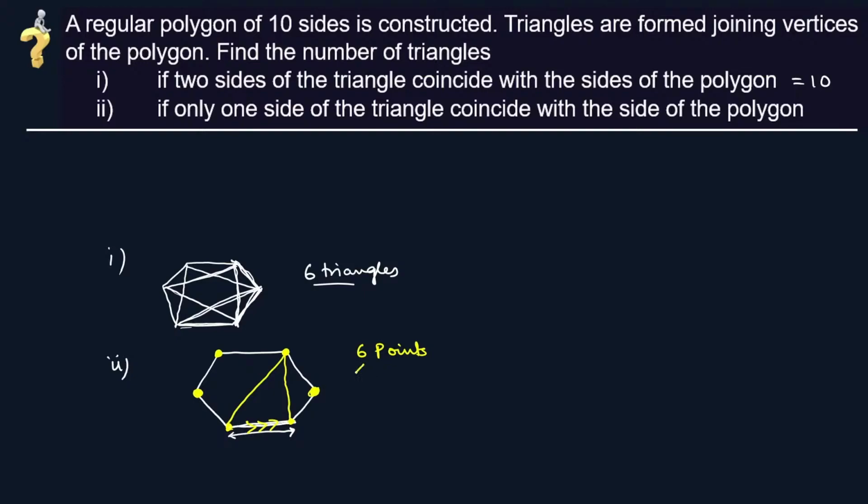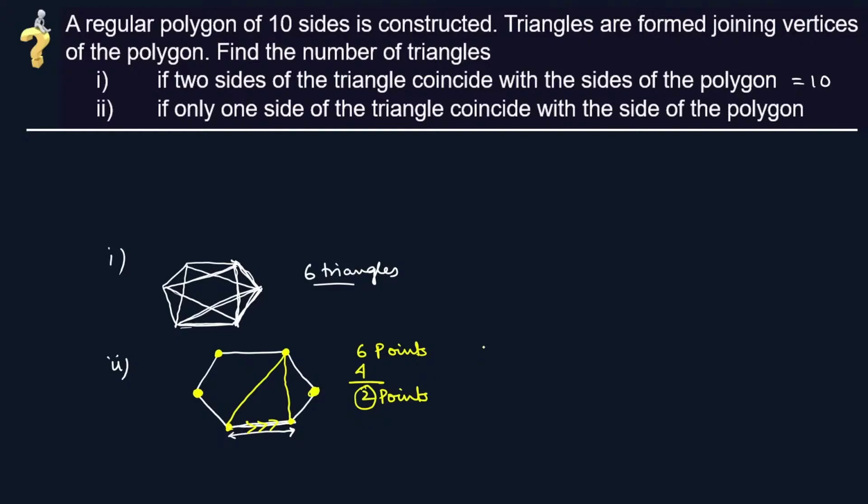So we are left with only 2 points, with which you can form a triangle that fulfills our condition. So when 6 points are there and we are considering one side, we take the remaining 2 points which can be joined with the extremities of this line to get a triangle whose one side will coincide with a side of the polygon.